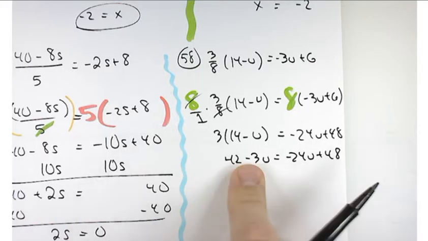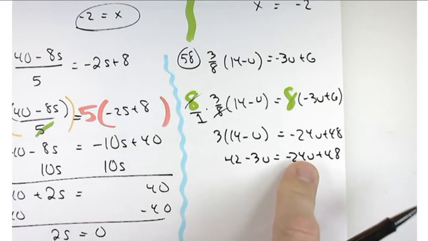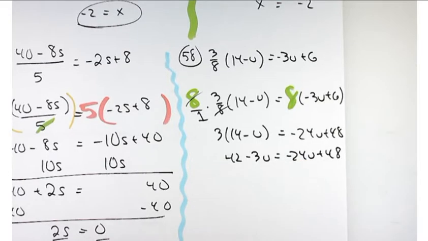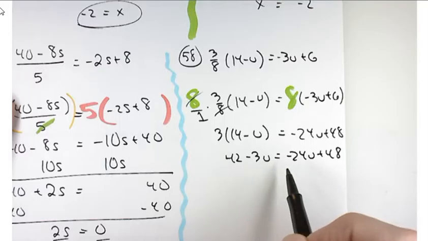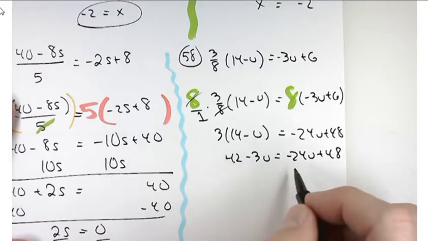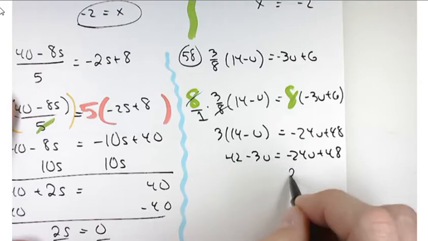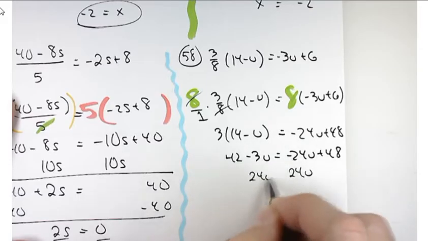Negative 3 is bigger than negative 24. So, how do I get this over to here? Add 24 to both sides. Add 24u to both sides.